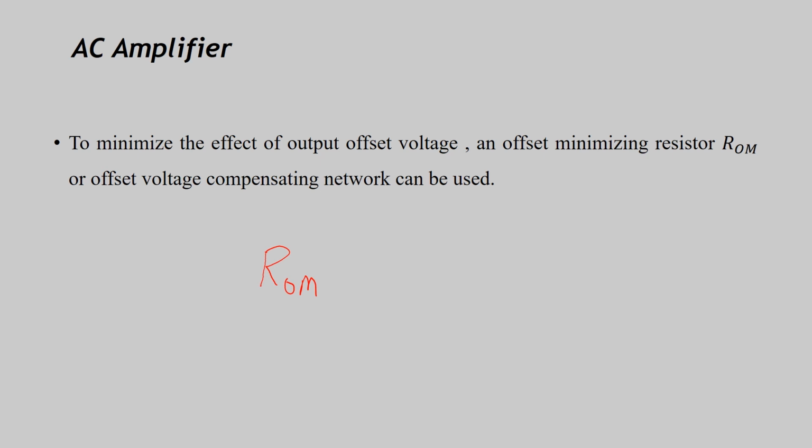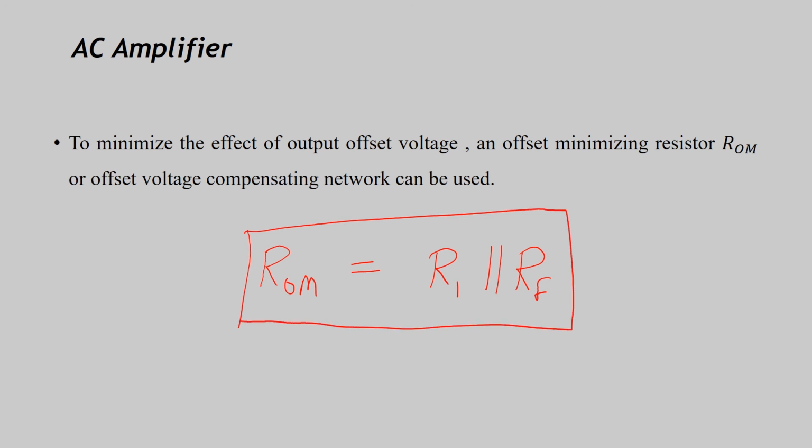Rom is nothing but R1 in parallel with Rf. That is the offset minimizing resistance, and it is used to reduce the effect of output offset voltages on the outputs of the amplifiers.